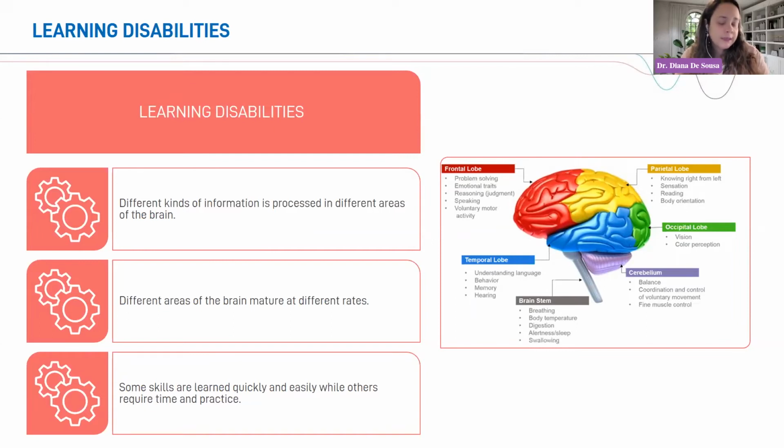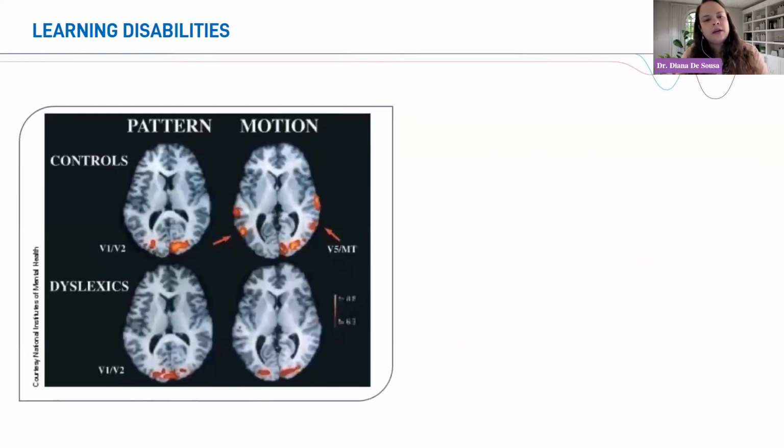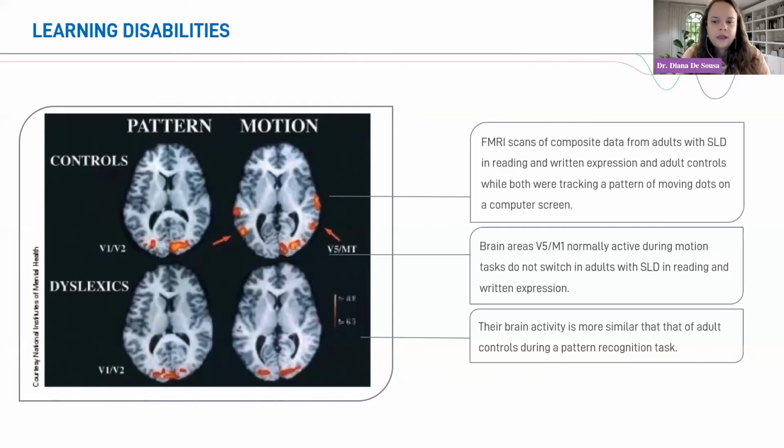So as we move to the next slide, speaking about the brain differences, I think this is a very good way to carry this message of how differently a person with a learning disability processes information in relation to someone who doesn't possess a learning disability. So here you can see an fMRI scan.